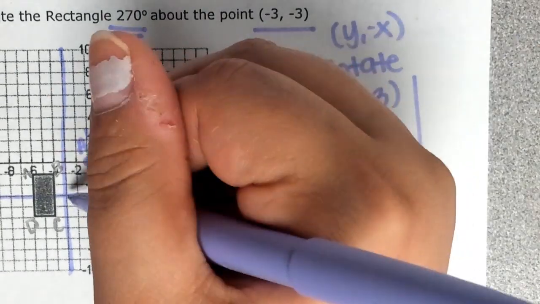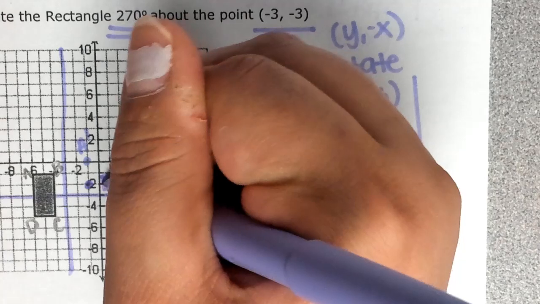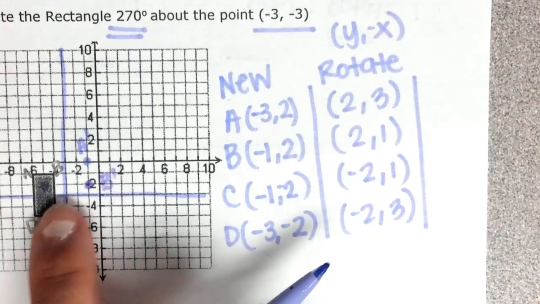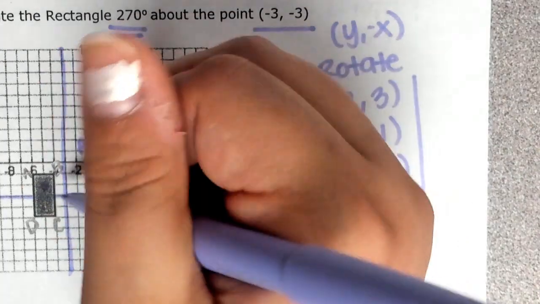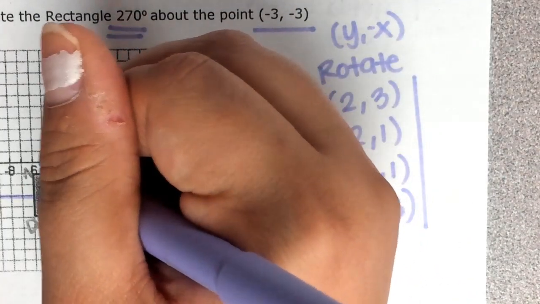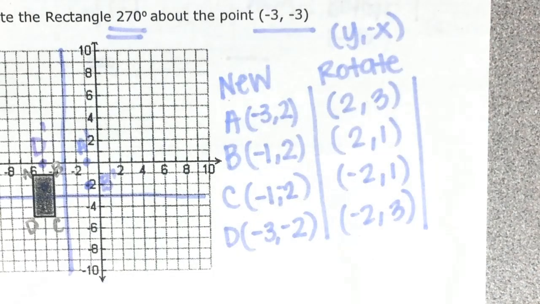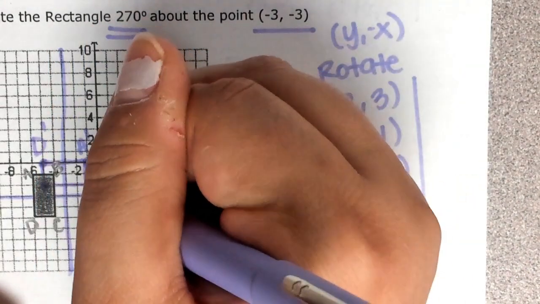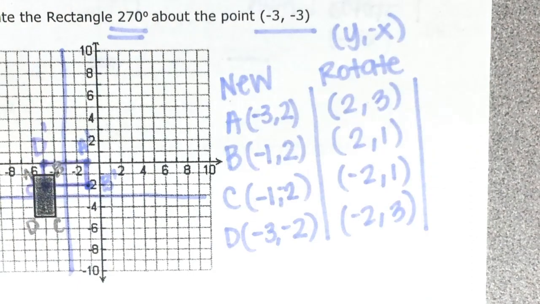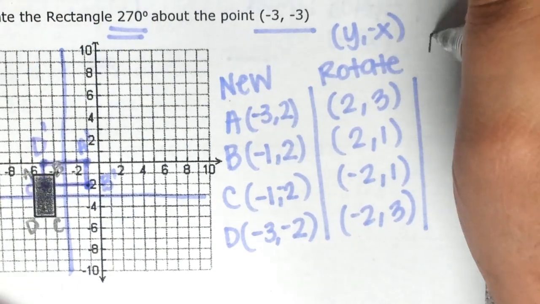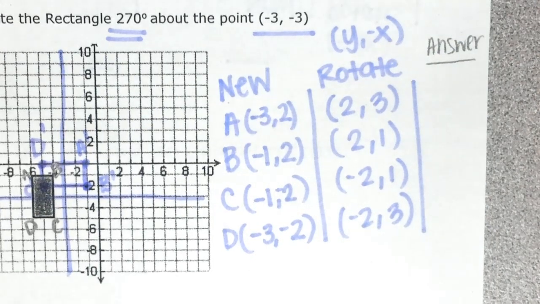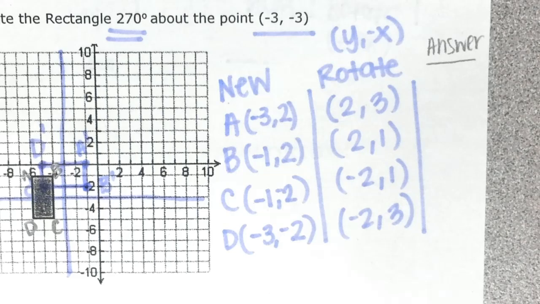Okay, then I got to plot 2, 1. Then -2, 1, which is kind of annoying that it's inside there. And then -2, 1, 2, 3. And connect your rectangle. According to my graph now, where are these points?